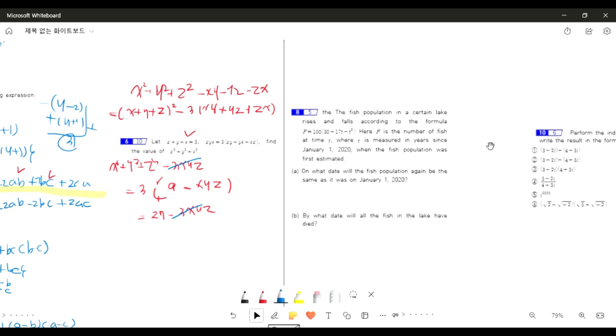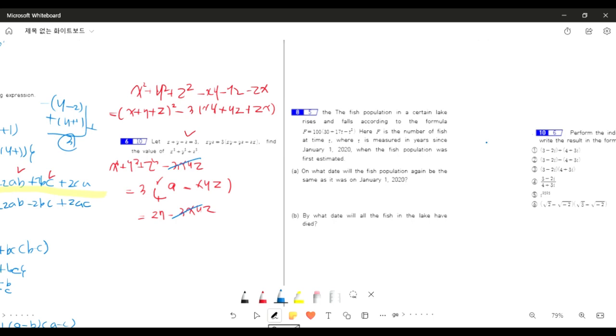Anyway, A. What date will the PC population again be the same? The July birthday of 2020 means the very first day, the beginning day. So it means t equals 0, right?